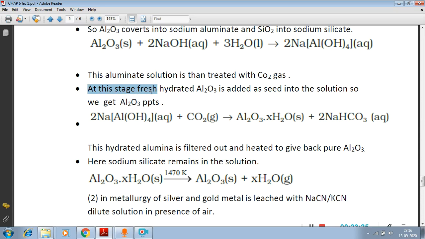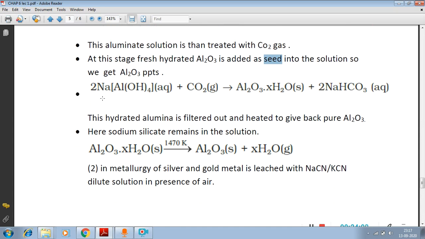Here you can see at this stage fresh hydrated Al2O3 is added as seed into the solution, so we can get Al2O3 precipitate. If we don't add this fresh hydrated Al2O3, it will take some more time. Now it is a very expensive method, so for reducing time we are adding fresh hydrated Al2O3 as seed here. So it will reduce the time for the formation of precipitate.